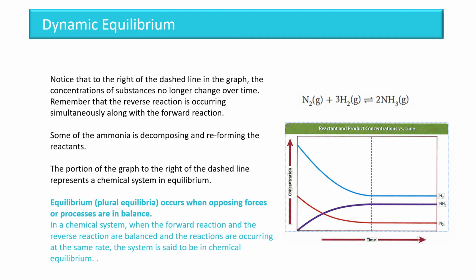Equilibrium, or plural equilibria, occurs when opposing forces or processes are in balance. In the chemical system, when the forward reaction and the reverse reaction are balanced and the reactions are occurring at the same rate, the system is said to be in chemical equilibrium.